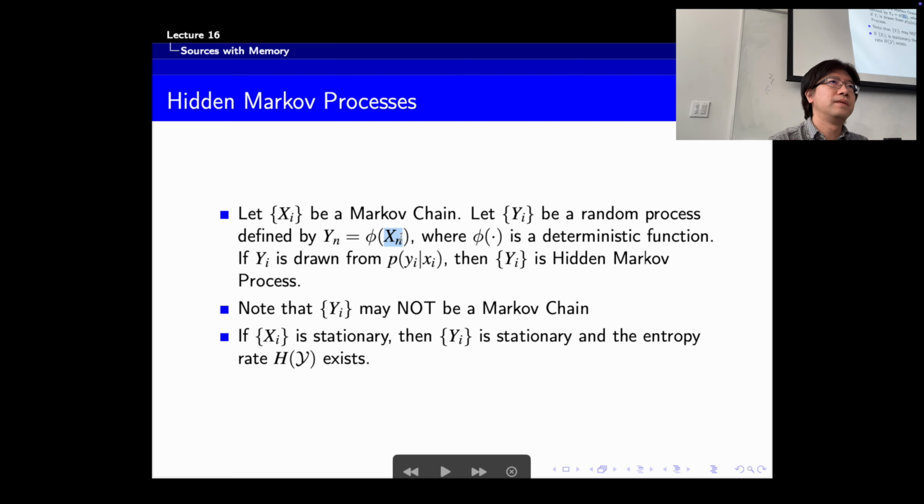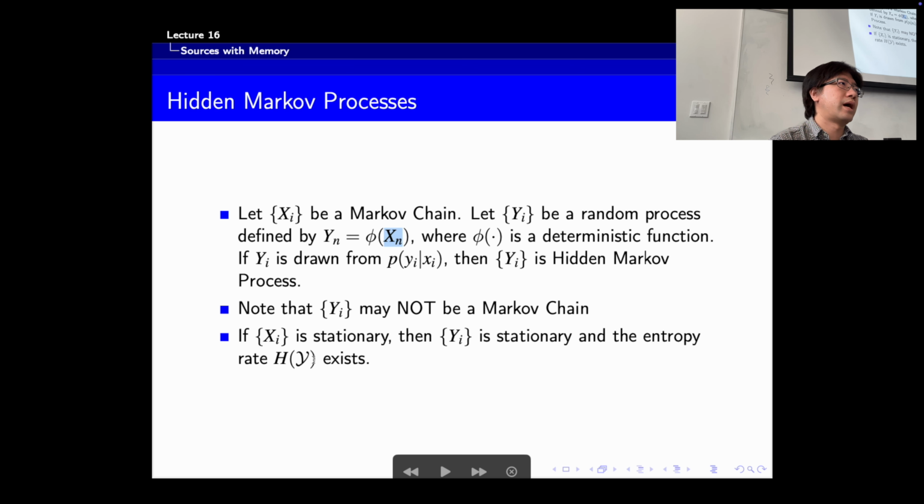The fundamental reason that yn may not be a Markov chain is that the map from x to y can lose information. But if x is stationary, then we can say that y is stationary, and therefore the entropy rate exists.